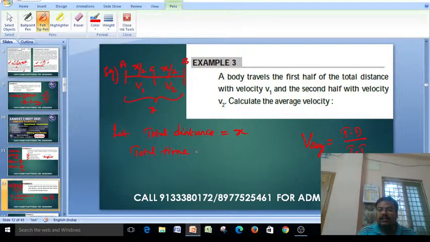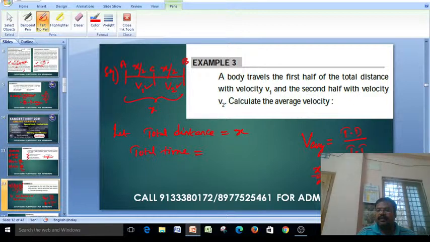What about the total time? Time is not given here, but you know the speeds of the particle. So let us take the total time in terms of x and v. The first half of the distance, x by 2, was covered with speed v1. What do you know about the basic formula? Speed is equal to distance divided by time taken.